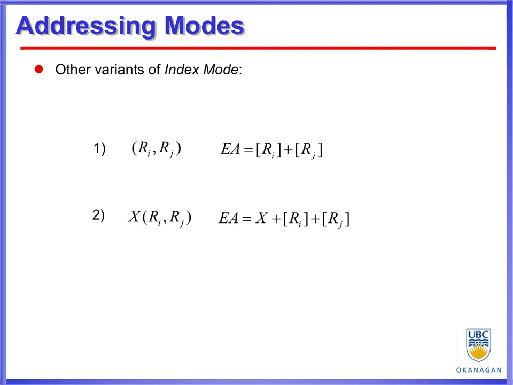So you might have a load instruction where you're getting a number from memory and writing it into a register in the CPU, and the effective address for that number in memory could be the address in one register plus an offset in another register. Okay, so that's all we mean by this.